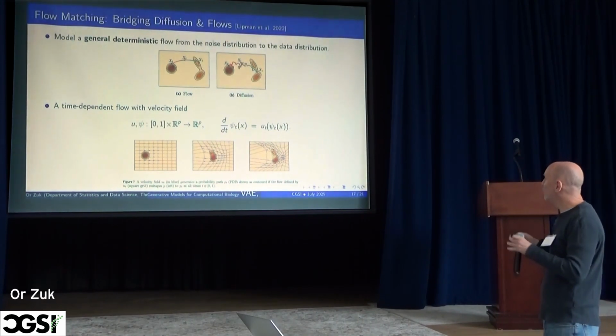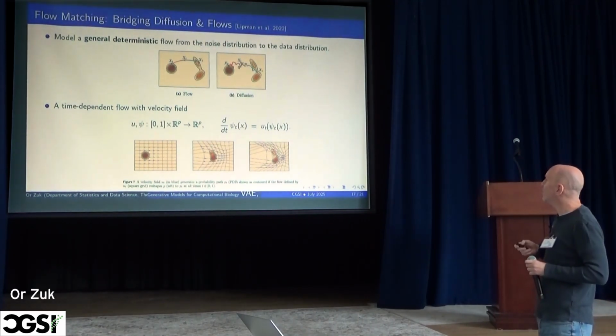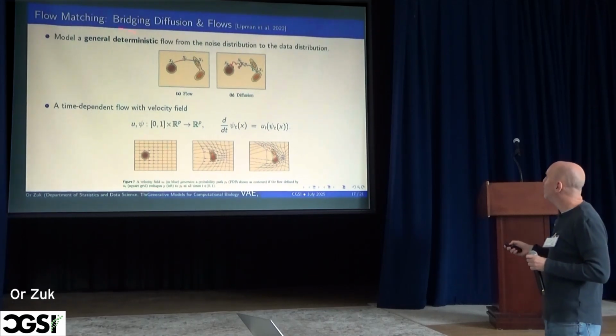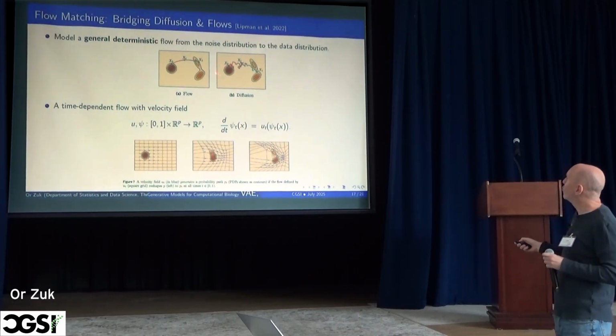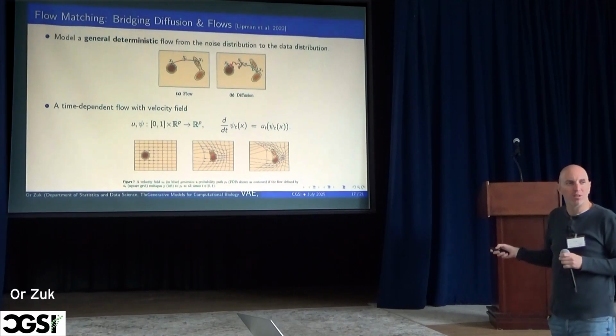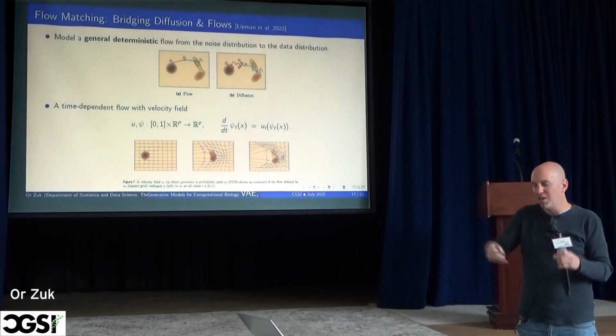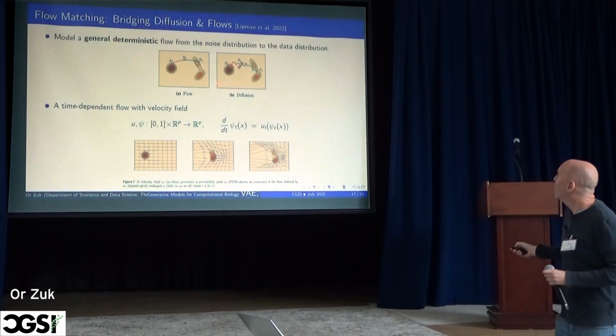I will not go into the details of flow matching. I'll just highlight the major ideas and differences from diffusion models. So in diffusion models, we go from the simple distribution here to the complicated data distribution, and we go in a stochastic manner, right? We sample from the simple distribution, and then we add noise, add noise, add noise. So it's a stochastic process.